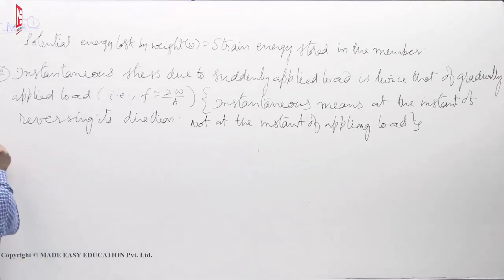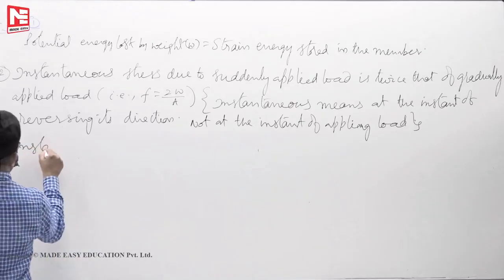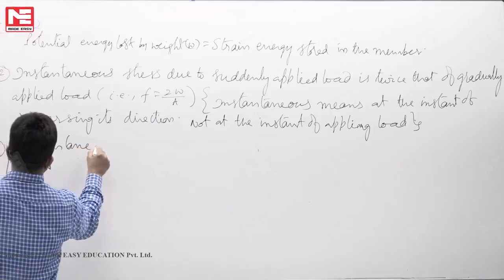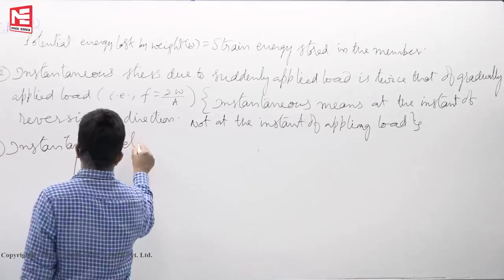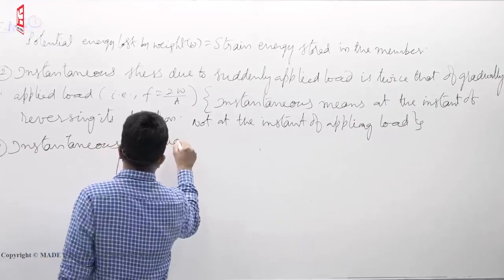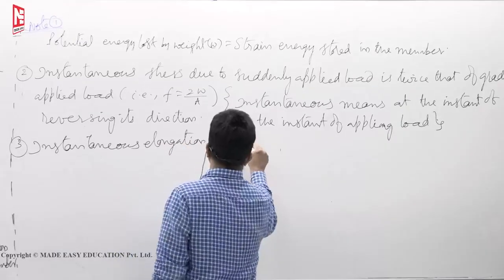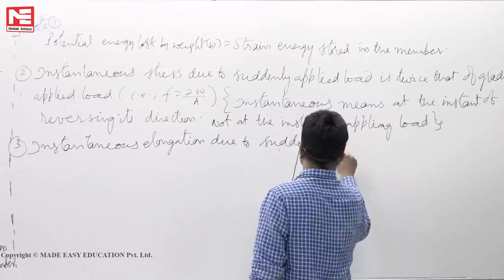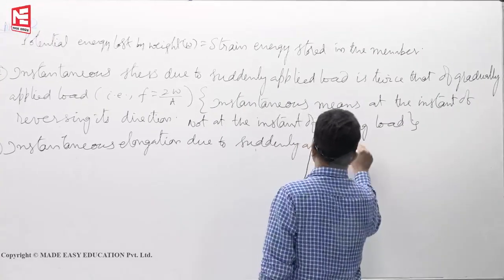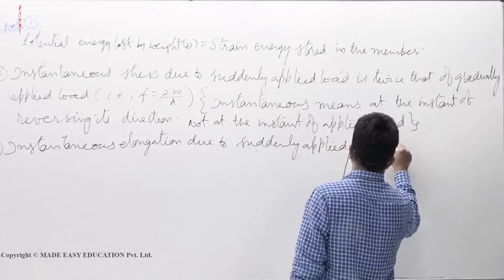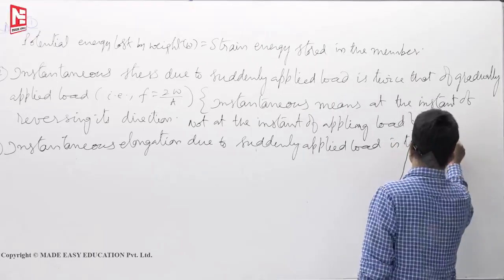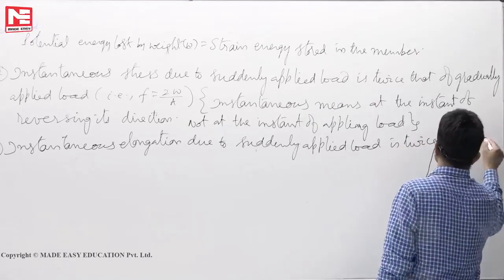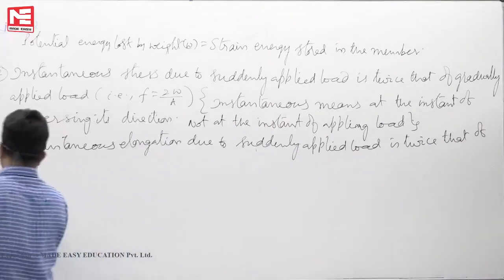Similarly, the third point: instantaneous elongation due to suddenly applied load is twice that of gradually applied load.